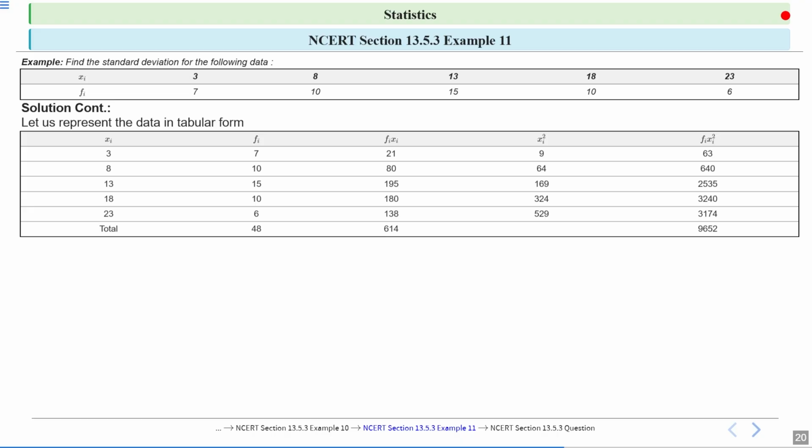Then we take the totals: summation fi is 48, and this is n, summation fi xi is 614, and summation fi xi squared is equal to 9652.